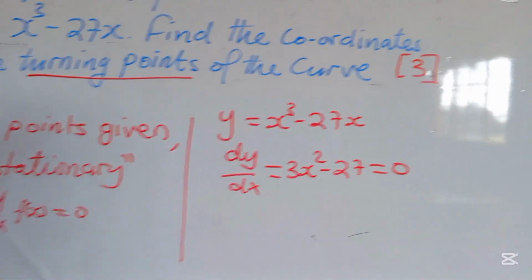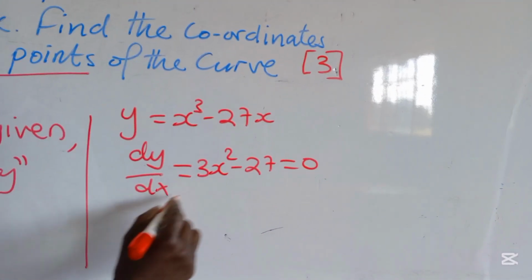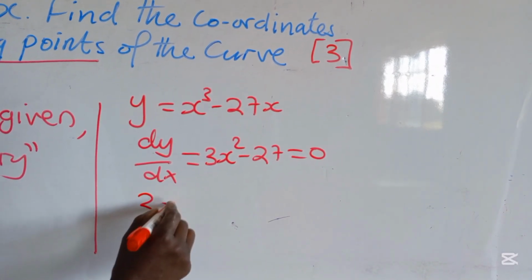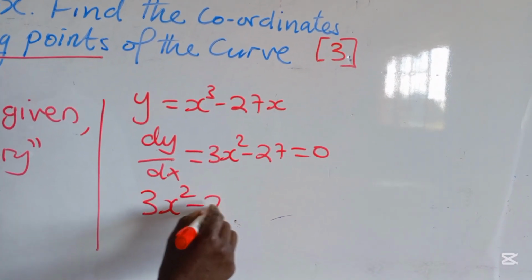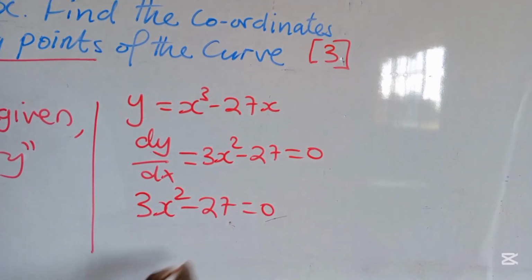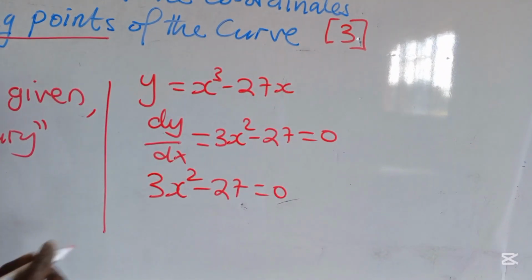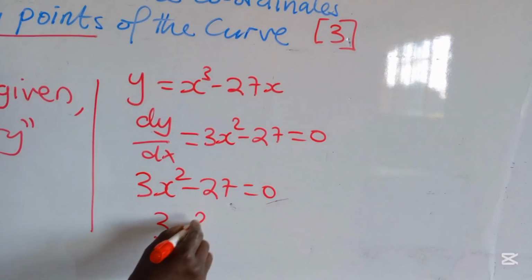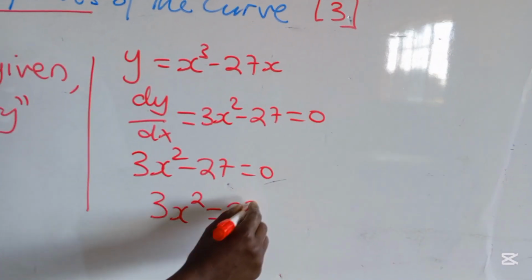So now let's solve this one. To solve this, I want to find the value of x. So I have 3x squared minus 27 equals 0. I'll move the 27 to that side and remain with 3x squared equals 27.